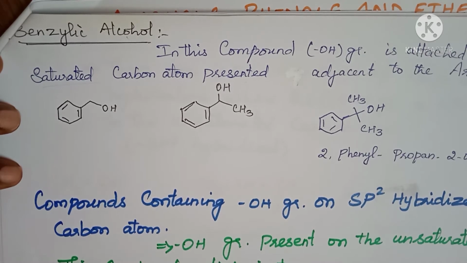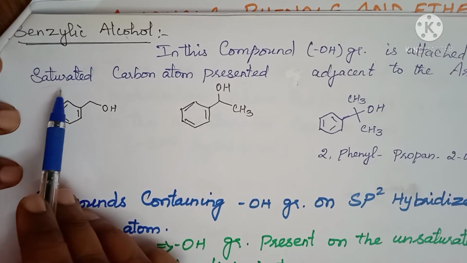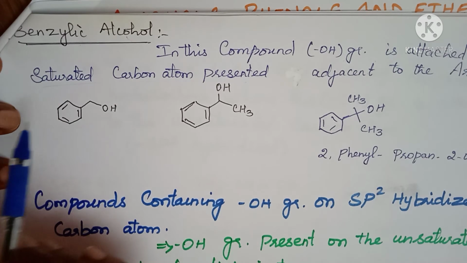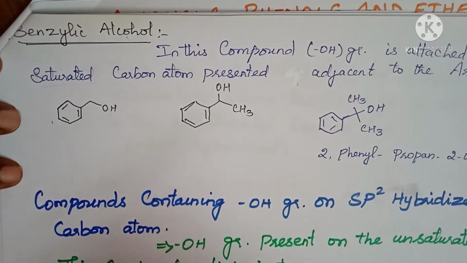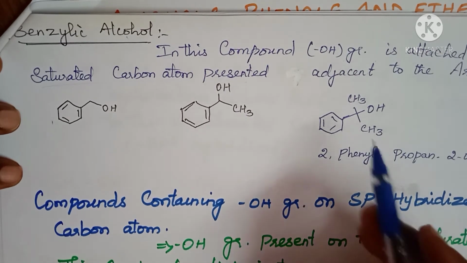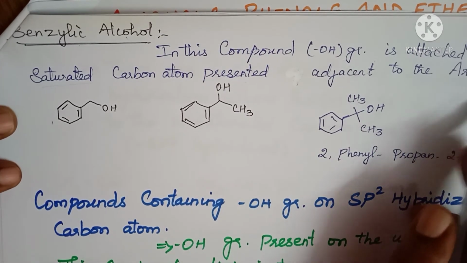Allylic alcohol means a saturated carbon atom only, on the single bond side only, the OH group is attached. So that is called allylic alcohol. Third one, benzylic alcohol. Here also it is a saturated carbon atom only, but the hydroxyl group is attached to the benzene ring, the aromatic ring.